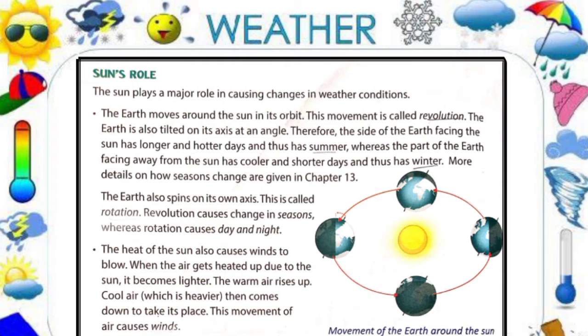The earth revolves from west to east in an anti-clockwise direction, and the earth completes one revolution around the sun in 1 year or in 365 days, 6 hours and 9 minutes.